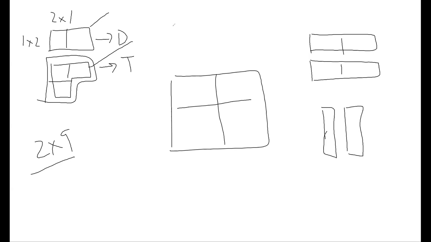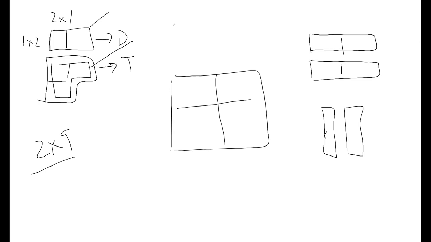We have to fill the board completely, only using these two given types of tiles. So that's the constraint here. The board is only 2 rows and n columns. So I hope that was answered.